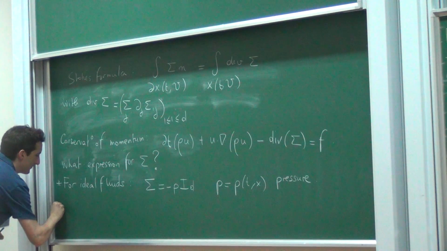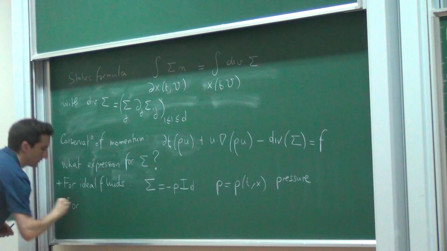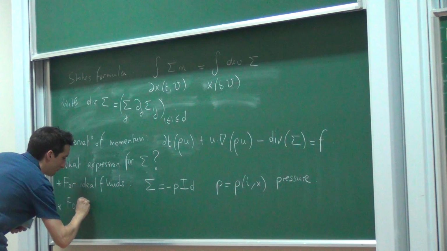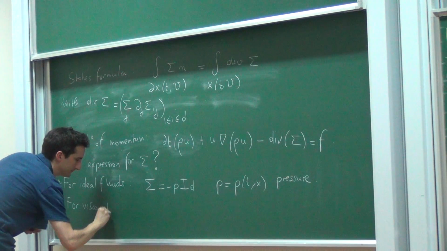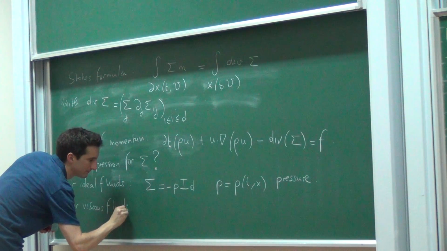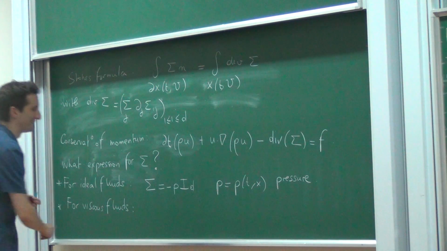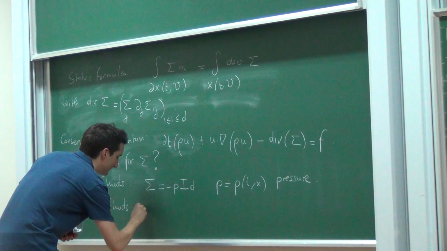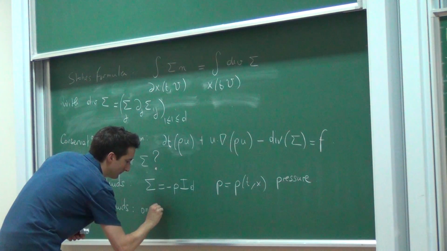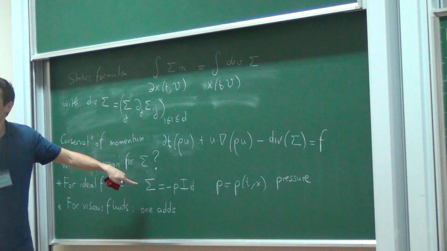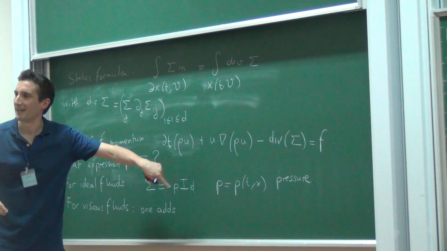But of course, then you have more elaborate models. For instance, you may want to take into account viscosity. So for a viscous fluid, you must add something to sigma. I don't want to detail too much. Let me just say that you don't just take sigma to be a multiple of the identity.